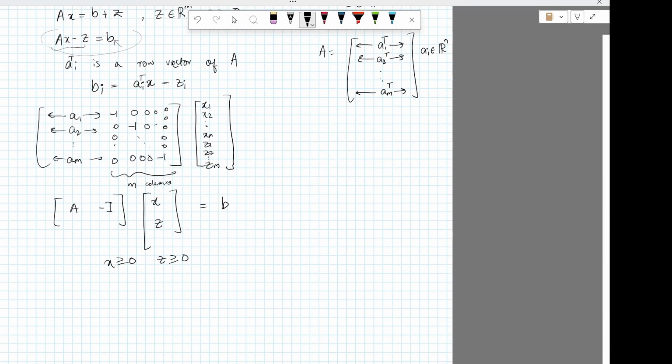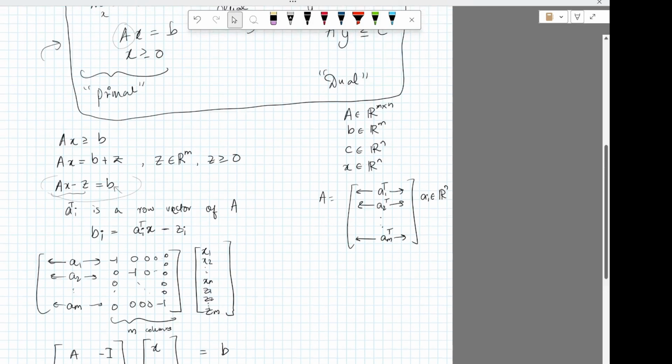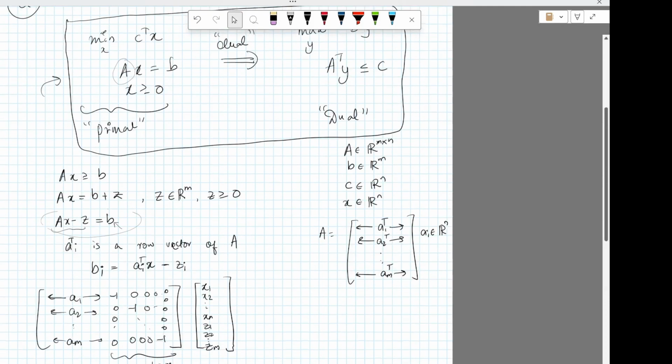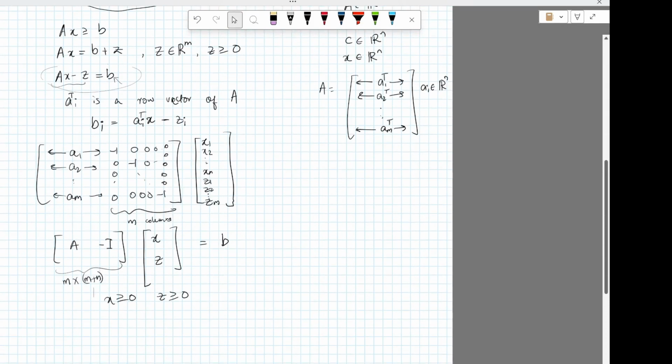And this is an m cross (m plus n) matrix. So now I have it in this form, right? I have some Ax equal to b.